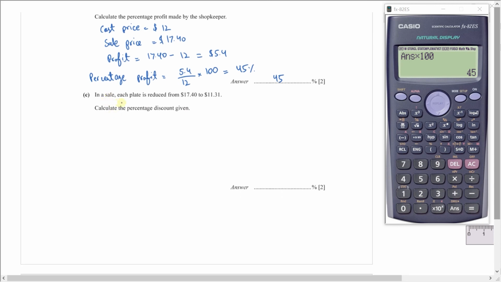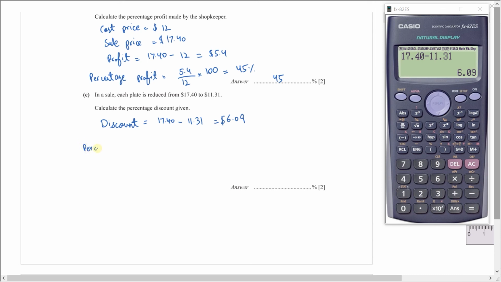Part C: In a sale, each plate is reduced from $17.40 to $11.31. Calculate the percentage discount given. So first we need to calculate the discount in dollar amount. So discount will be 17.40, which was the original price, minus 11.31, which is the price after this discount. So the discount is 17.40 minus 11.31, which is 6.09. So the discount here is $6.09.